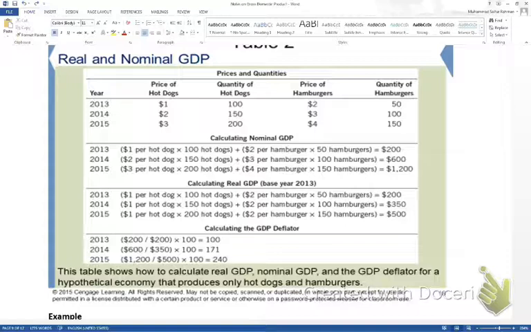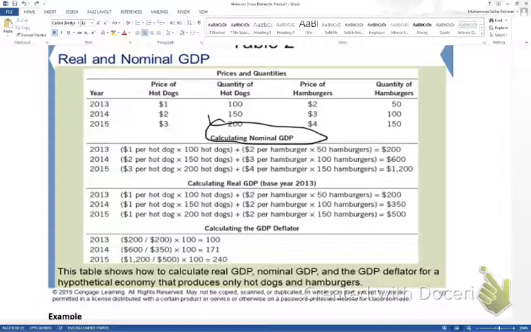Now, if you want to calculate nominal GDP for each of these years, all you have to do is just find the price of the good and the corresponding quantity of that good, multiply them and add them together. So you can see that this is clearly done in the first part where we are looking at calculation of nominal GDP. By the way, we are assuming that this economy has only 2 goods.